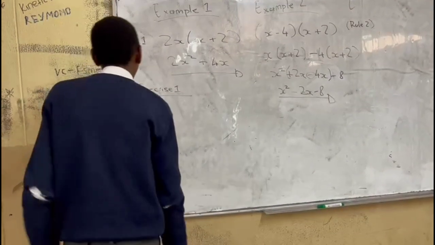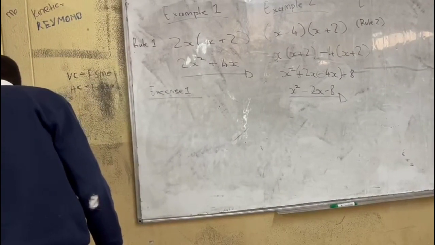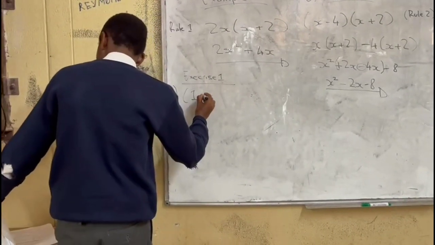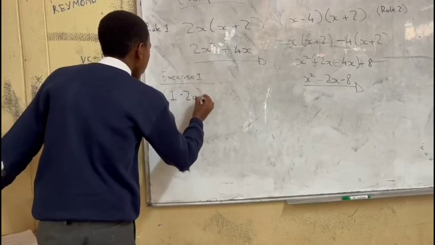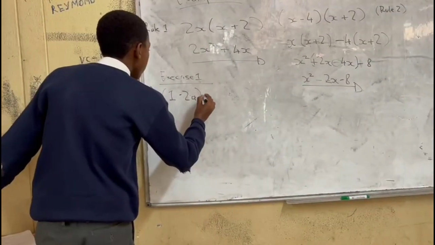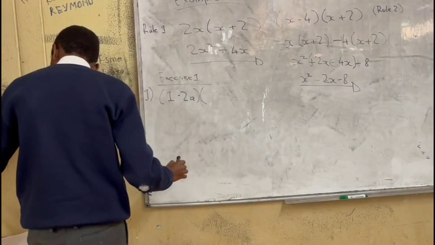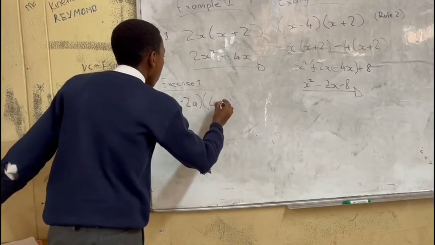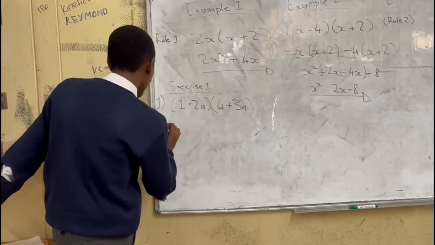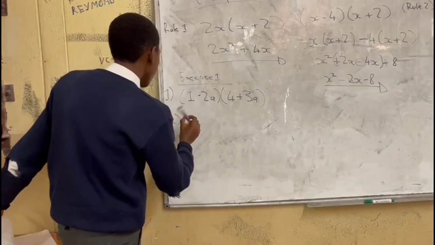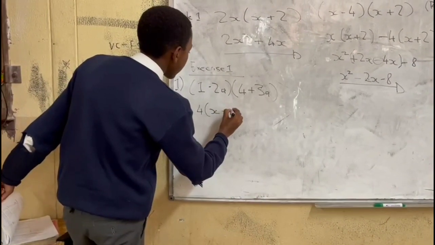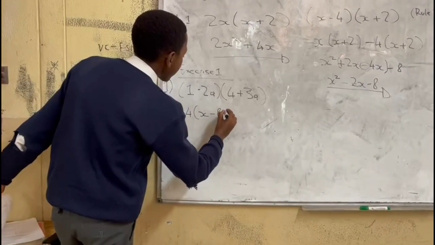Okay, exercise 1, I'll choose here in my book, meaning that number 1 will be (1 - 2a)(4 + 3a). Then second will be 2(4)(x - 8).